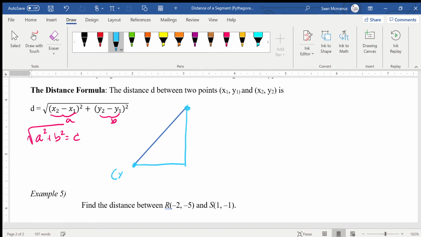This one would be x1, y1, the first point, and this would be x2, y2. This side was A, this side was B. To find A, I subtract the x terms, x2 minus x1. To find B, I take y2 minus y1. By doing that, it's going to create this formula that we see over here.